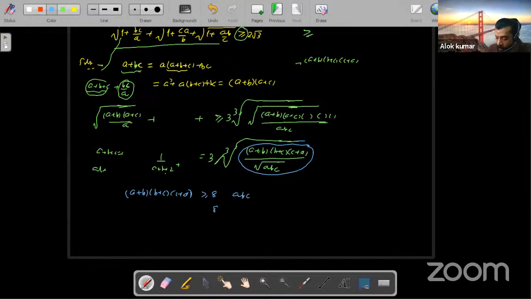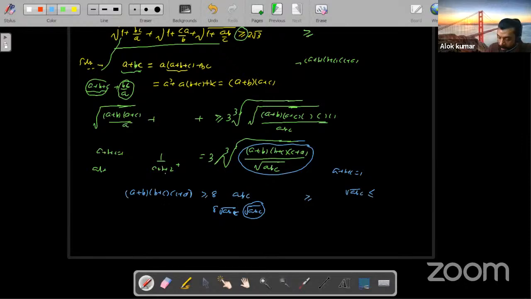Even if I peel off one root ABC and keep the other root ABC, I still won't get it, because the direction is not correct. I want greater than or equal to, but because of the constraint a plus b plus c equal to 1, the square root of ABC will lead to the less than or equal to direction. So this is not the correct thing.